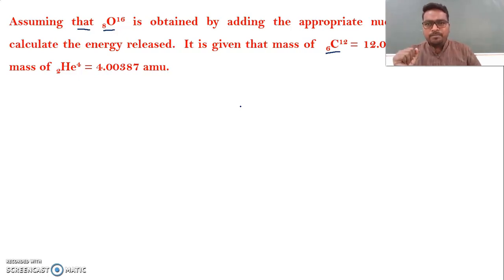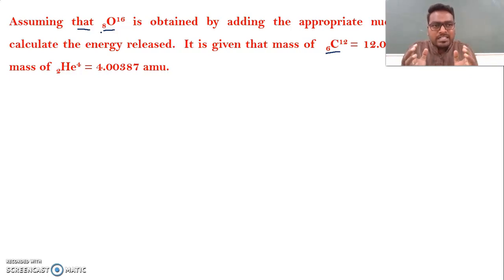Oxygen is a product. During the reaction between carbon 12 and helium, if you add some nuclear substance to the carbon, at that moment oxygen is obtained, and some amount of energy is released. So now we have to calculate the amount of energy released.